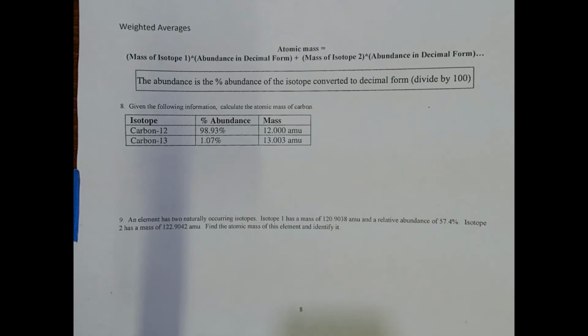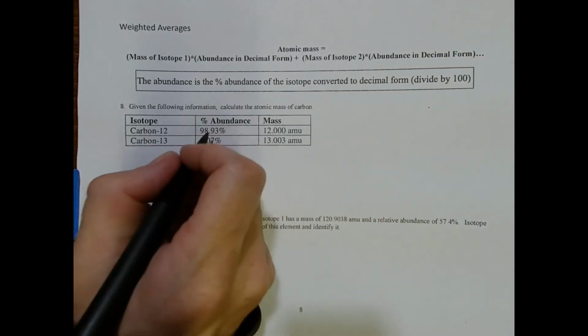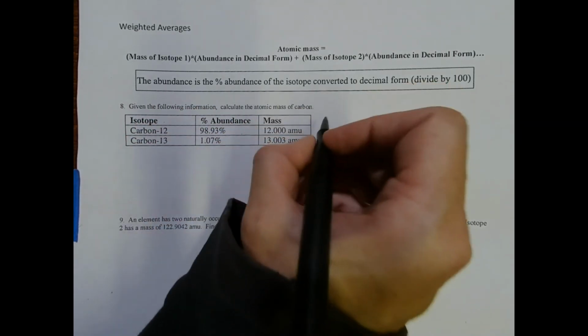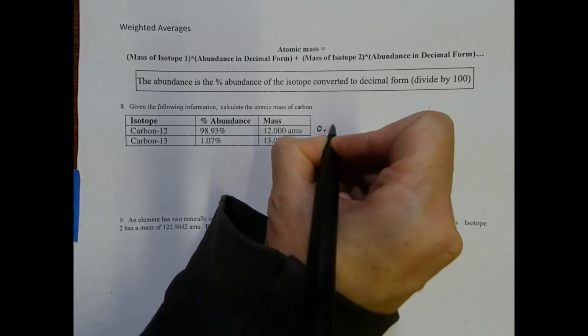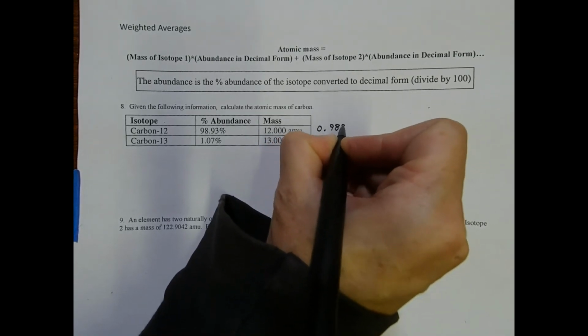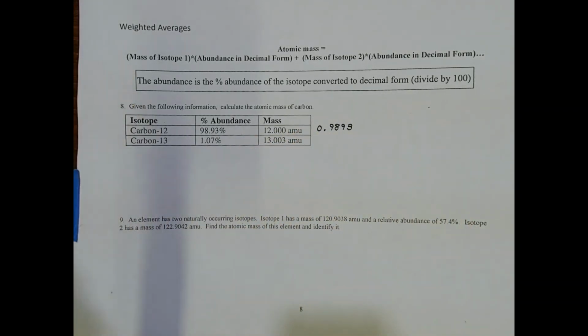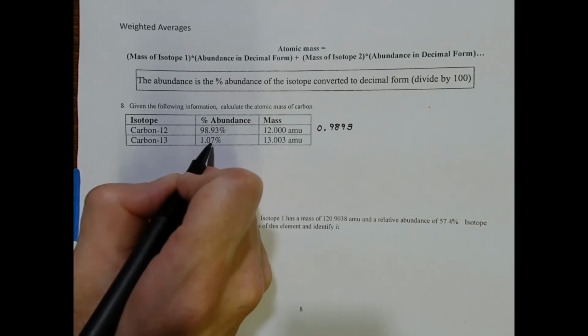All right, so how does this work? You're not going to do this in percents, right? You never really do anything in percents. So the first step is to take your percents and turn them into decimals by dividing by 100. So I'm going to do 0.9893, and be careful here with the 1.07%.